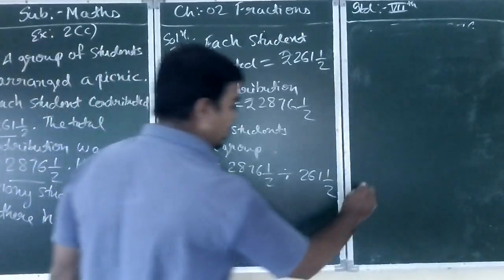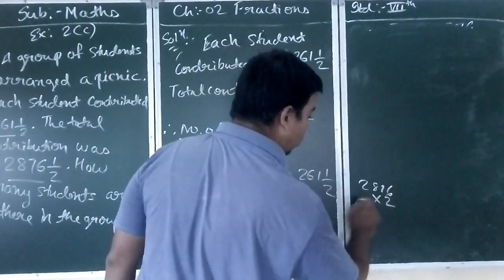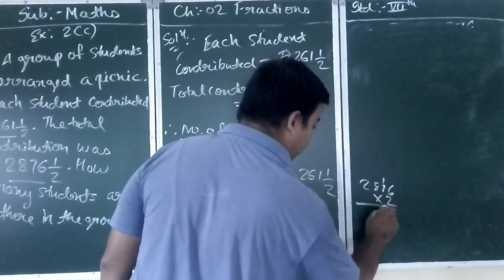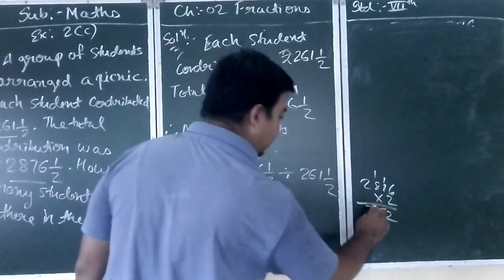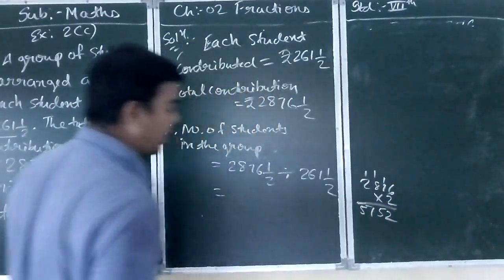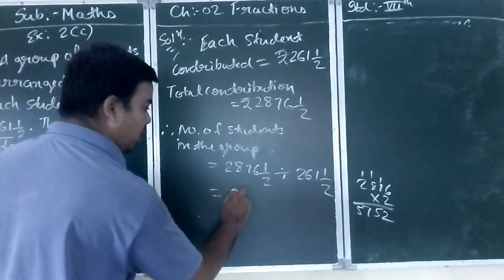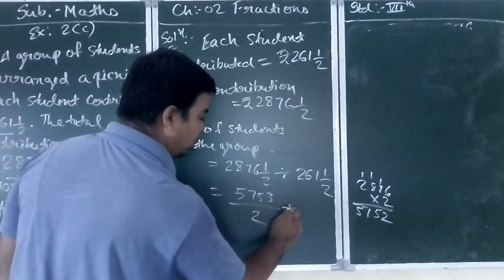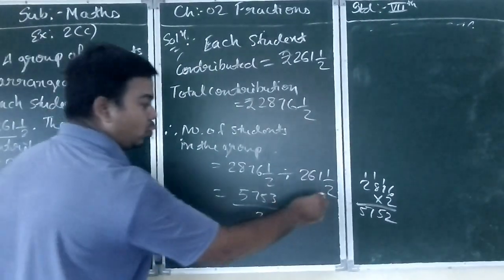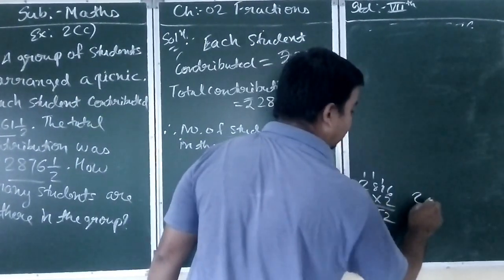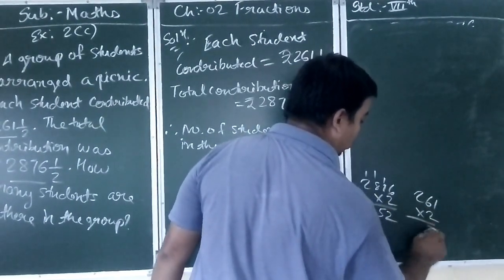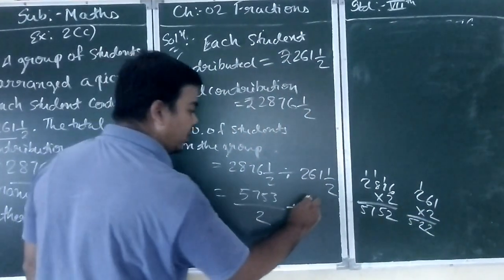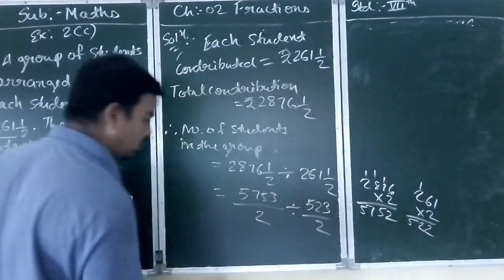So 2876 multiplied by 2, plus 1, is 5753 by 2. Divide sign 261 1/2: 261 times 2 is 522, plus 1, 523 by 2.